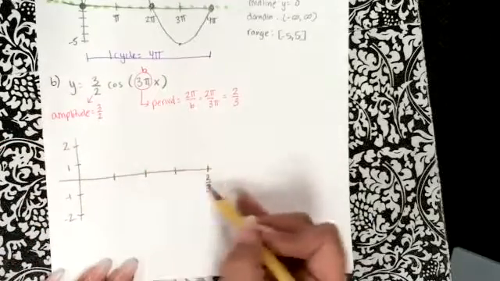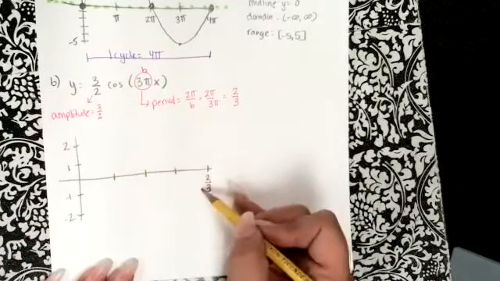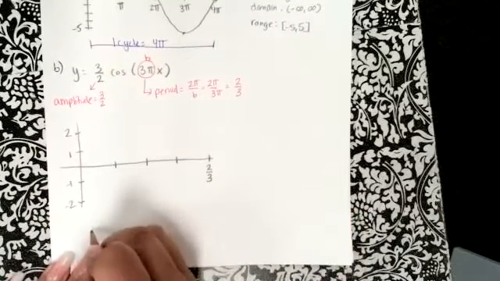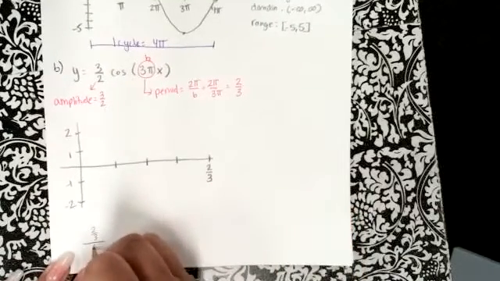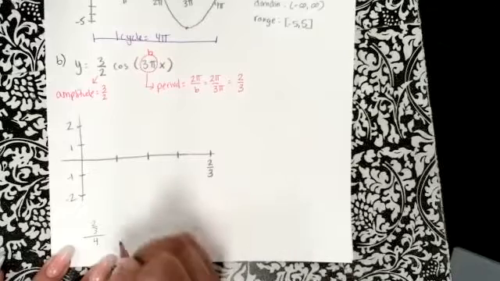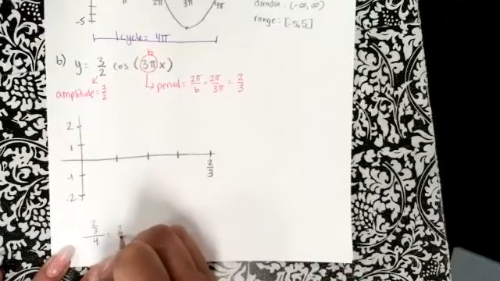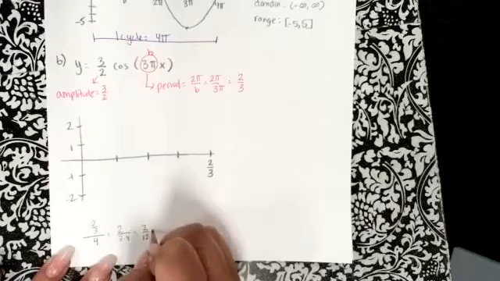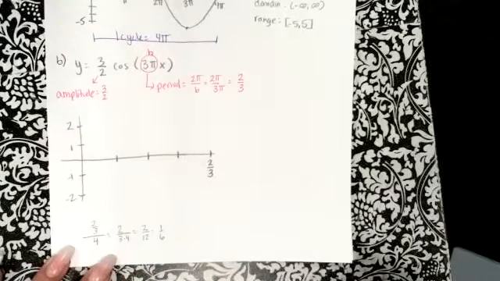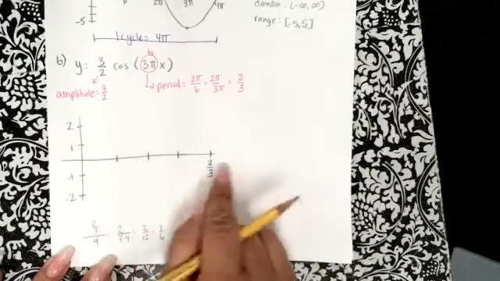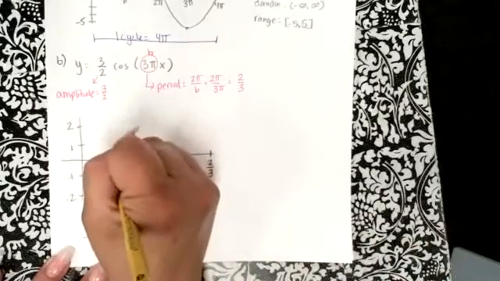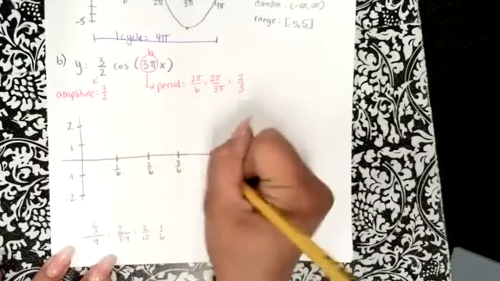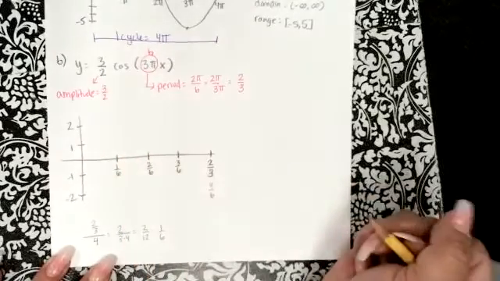Now the markings right here, your scale. If I take 2/3 and I divide it by 4, that's actually going to be 2/3 times 4 in the denominator. So that's actually 2/12, which is 1/6. So each increment here is going by 1/6. So this is 1/6, 2/6, 3/6, and then this is technically 4/6.